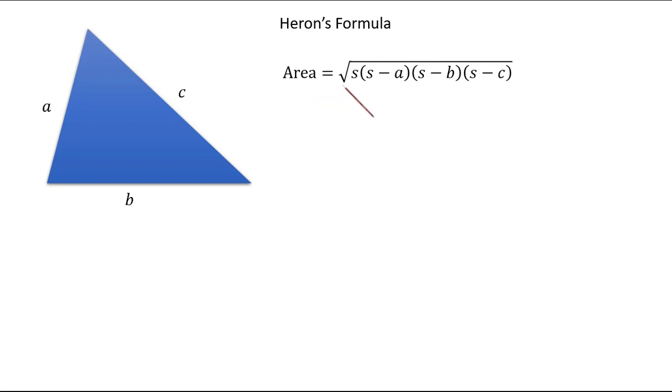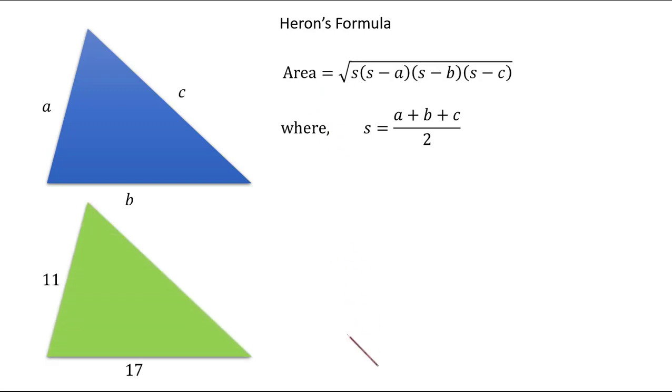Area of the triangle is equal to the square root of s times (s minus a) times (s minus b) times (s minus c), where s is the semi-perimeter, (a plus b plus c) the whole upon 2. So it is half the perimeter, the semi-perimeter. Once you find the semi-perimeter, substitute in this formula. Remember, it also has a square root in it, which is the topic of the day, and you can find the area of the triangle.